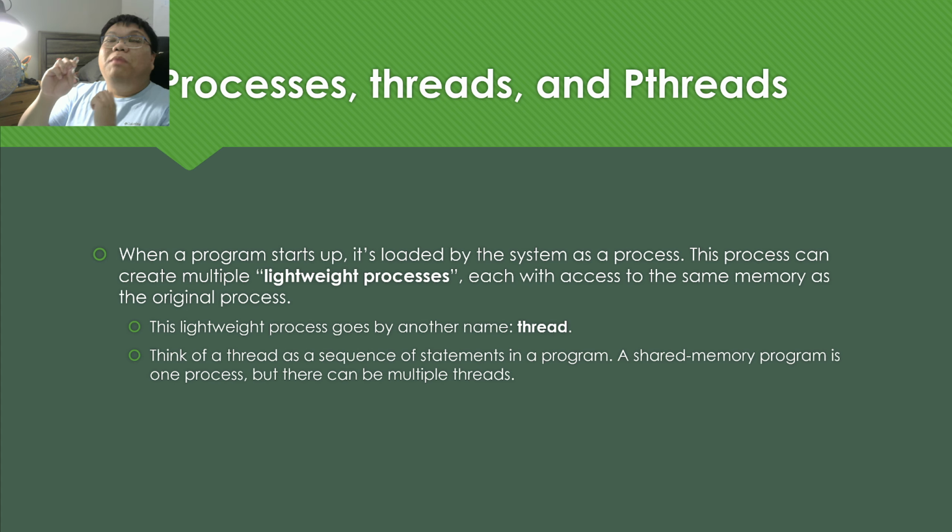So making a multi-threaded program is how we can make a program do multiple tasks. Though that is task parallelism. So that's a little bit different from what we want here. That is data parallelism, where multiple threads are executing the same code on different data.